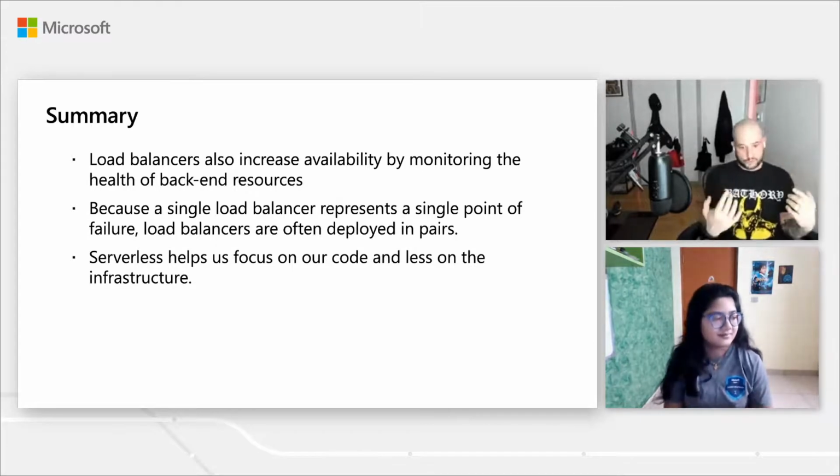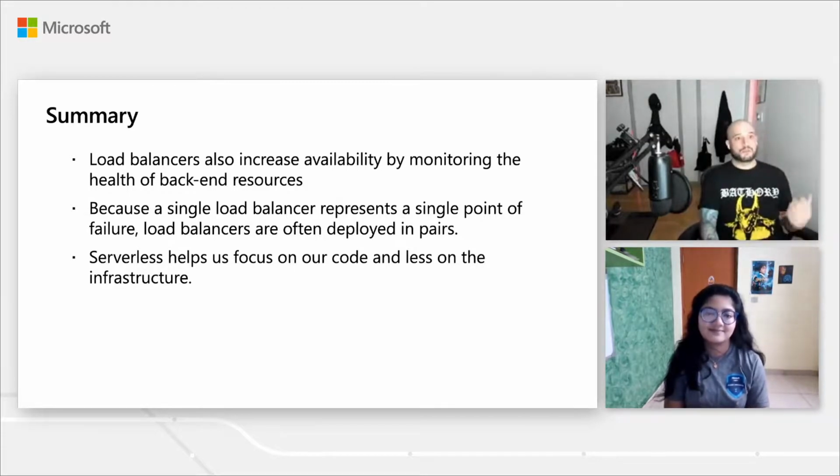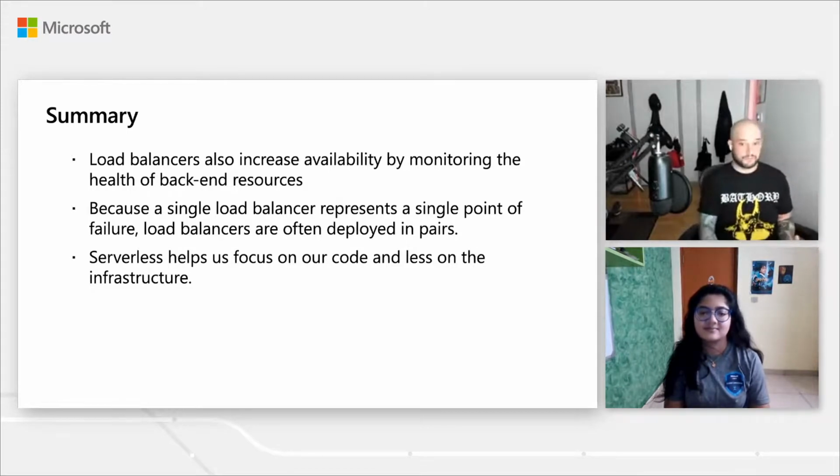If one fails, the other one can come up, and we can use DNS or services like Front Door to manage them. And then serverless helps us focus on our code, and helps us work less on that infrastructure. So we're actually building our apps and not necessarily building all the underlying stuff that makes it come together.